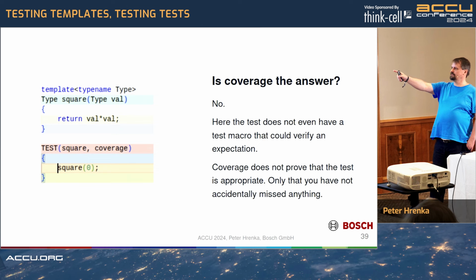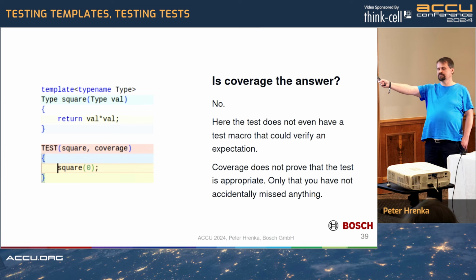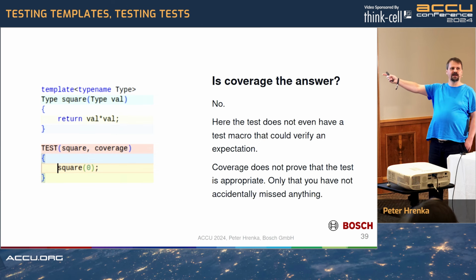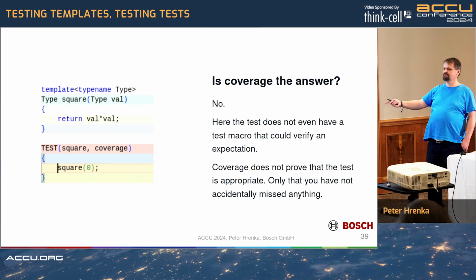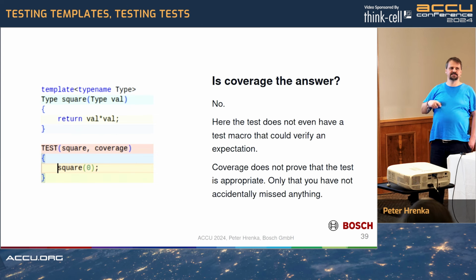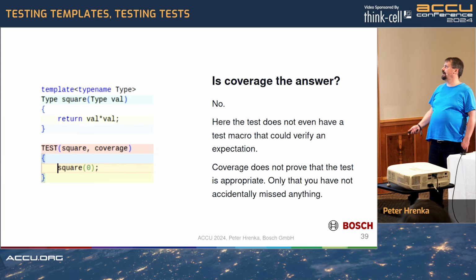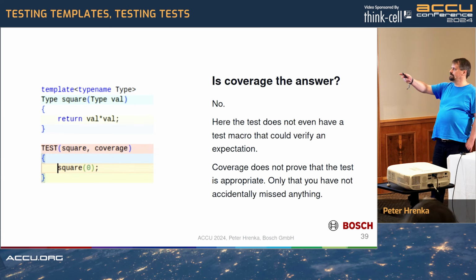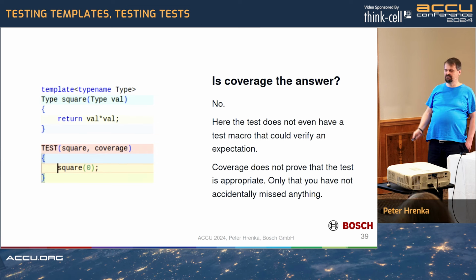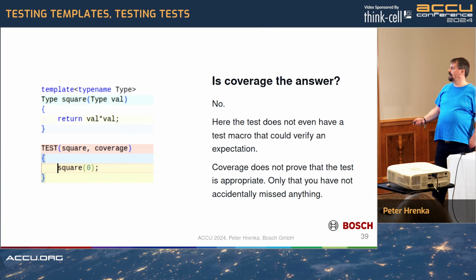So the code is obviously executed, but it doesn't verify anything. That's really strange, you shouldn't do that. So for me, the answer is that coverage alone is not enough. You can reach coverage without doing anything meaningful. It's certainly a good tool, it helps you, but by itself it doesn't prove anything.